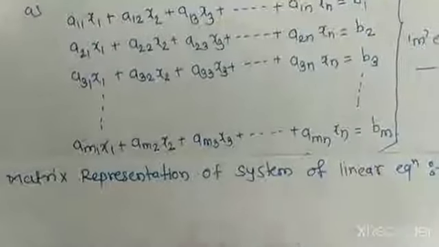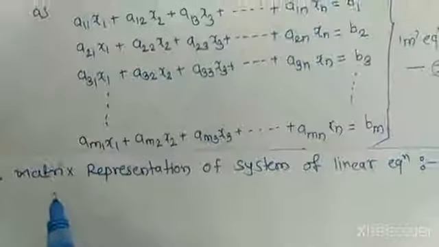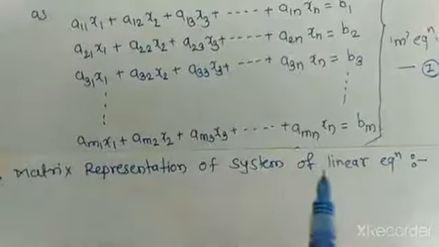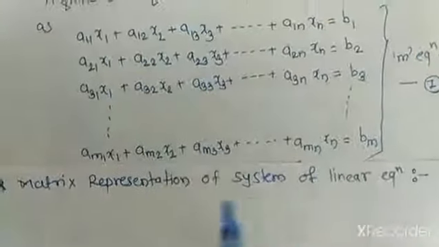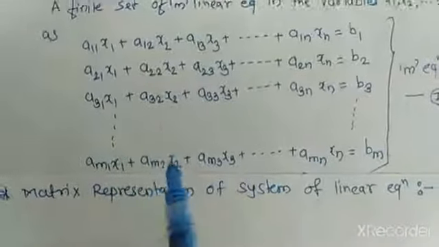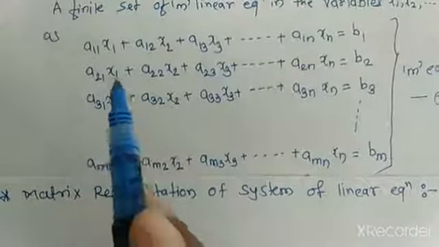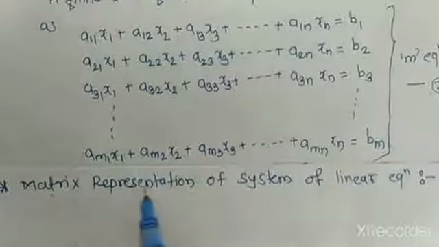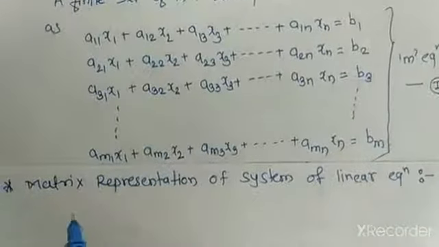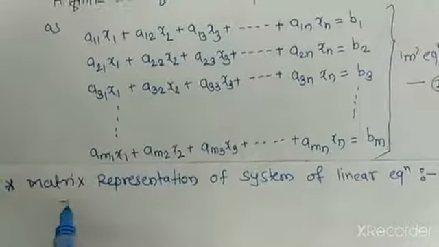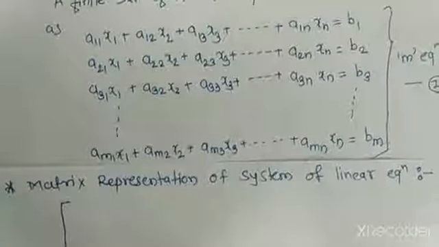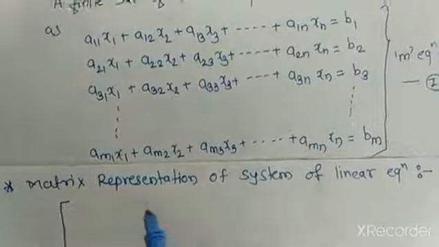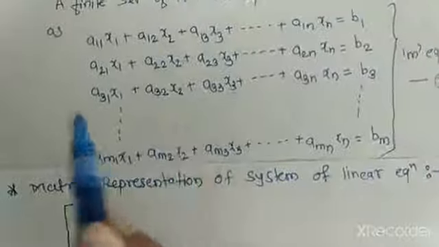Now the next point is matrix representation of a system of linear equations. As we defined a system of linear equations above, we have to write this system in matrix form. We write the coefficient matrix first, that is, the coefficients of the variables.